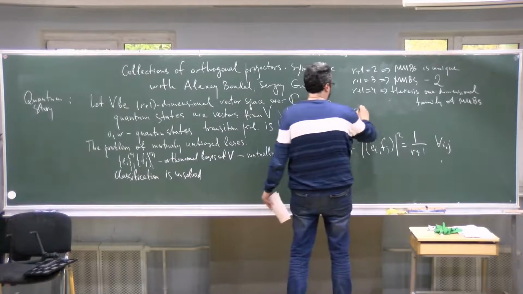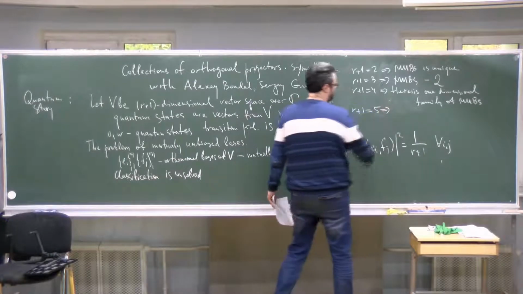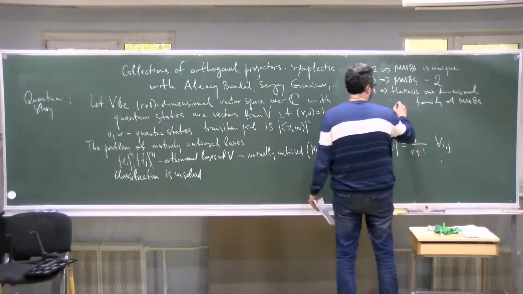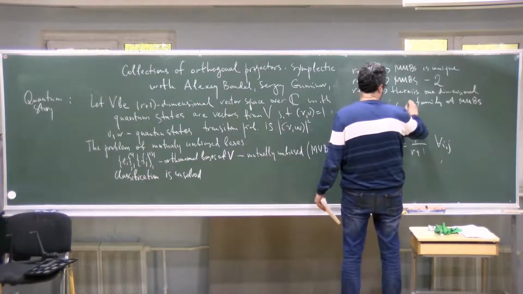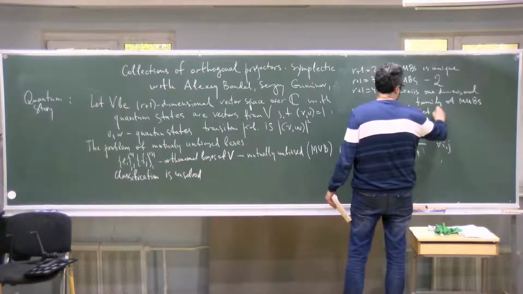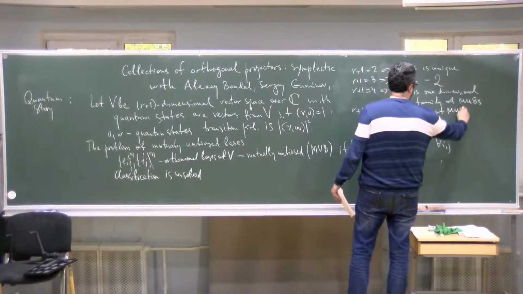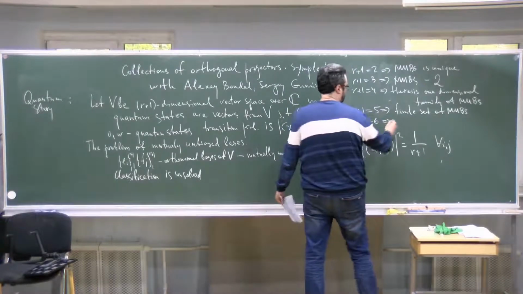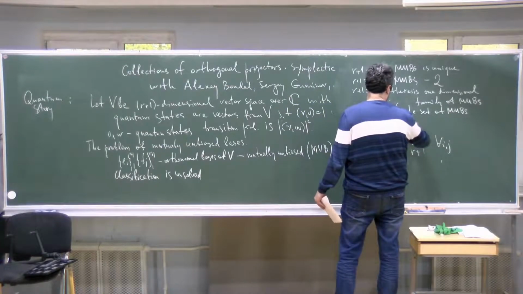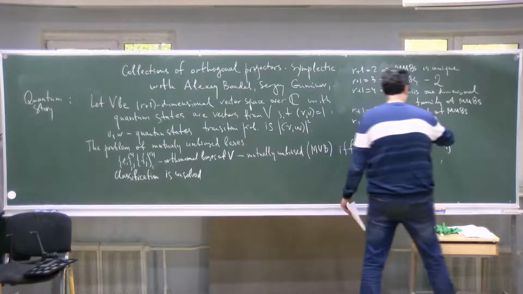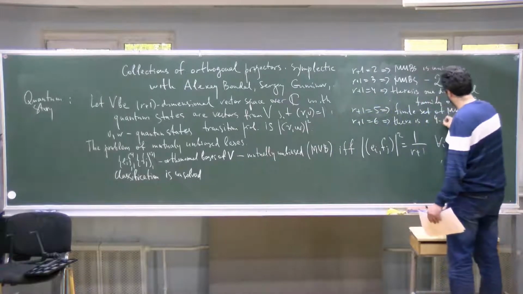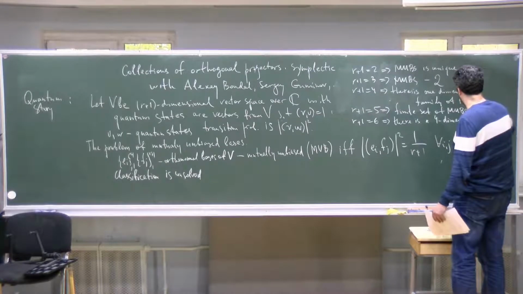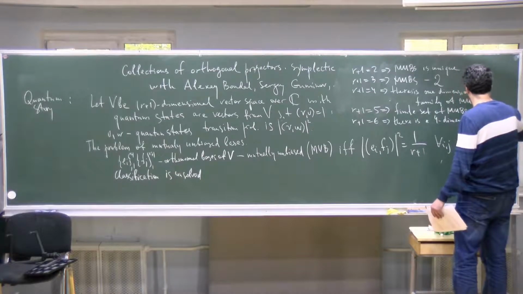If r plus 1 is 5, then there is a finite set of these MUBs. If r plus 1 is 6, then there is a four-dimensional family of MUBs.